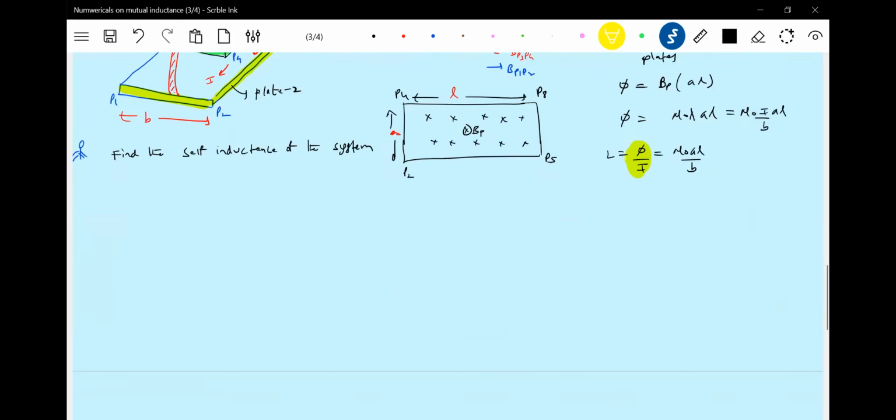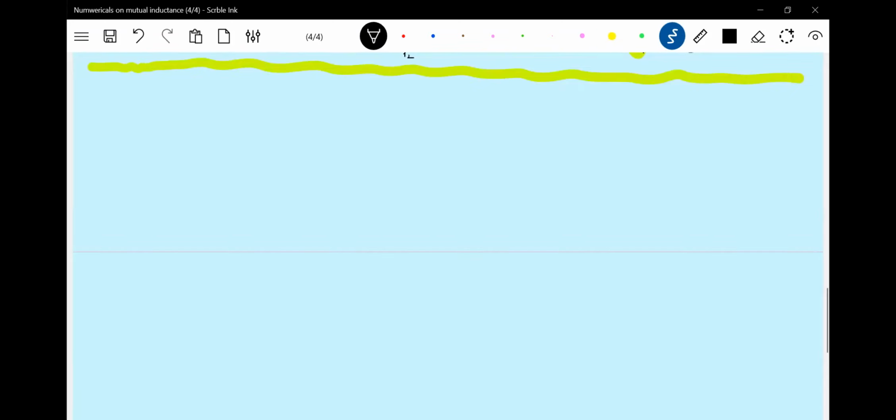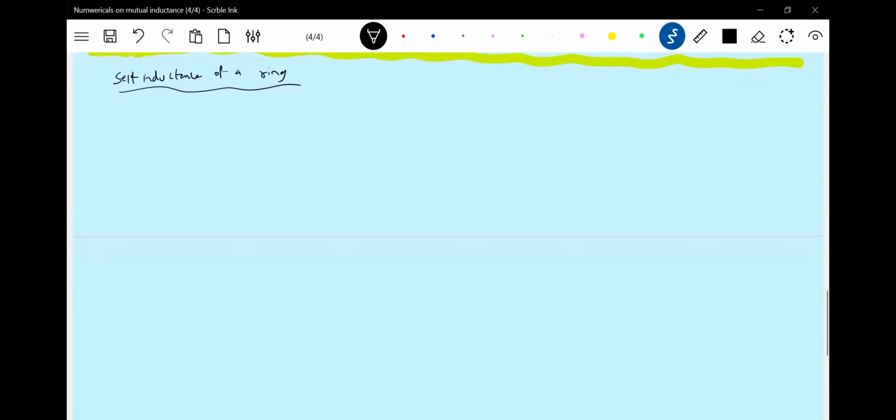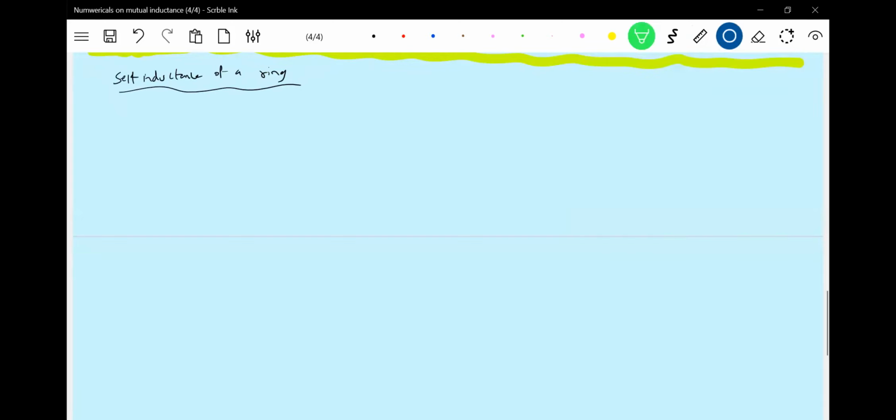And now we'll calculate the self-inductance of a ring. Okay, let there be a current I flowing through it.